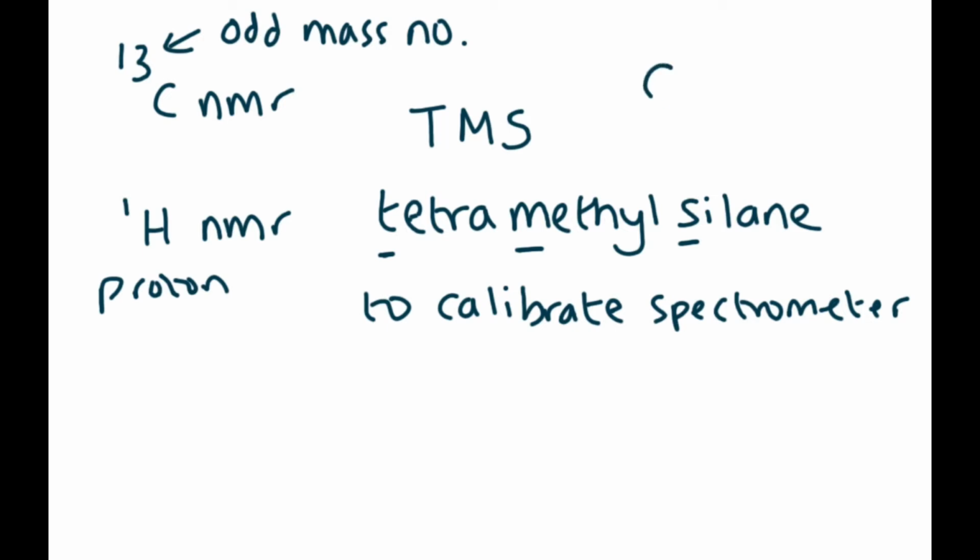The formula tetramethylsilane is 4 methyl groups and a silicon, and that gives the zero peak on the NMR.